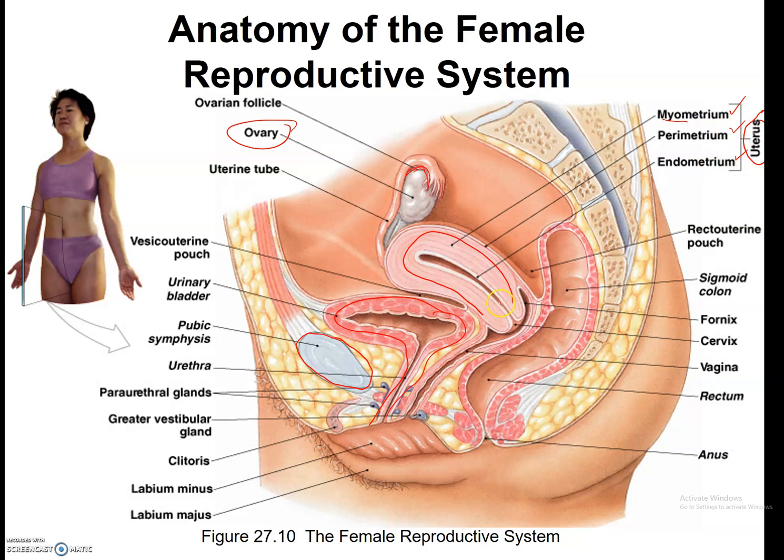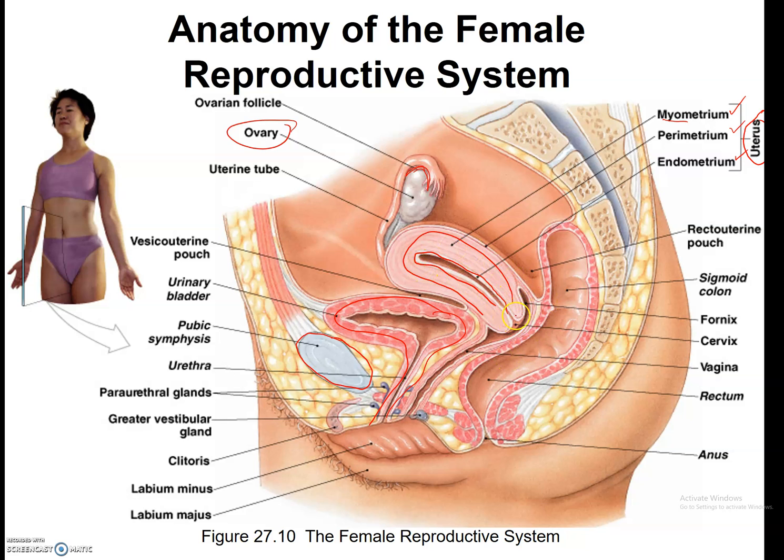The endometrium is the interior lining of the uterine cavity here. The uterus is sitting, I guess you would say superior, not necessarily dorsal, but superior to the urinary bladder. And it is anterior to the rectum and the sigmoid colon right here.